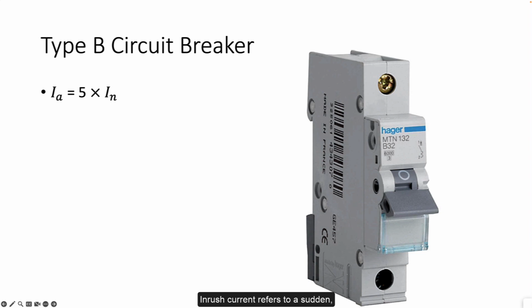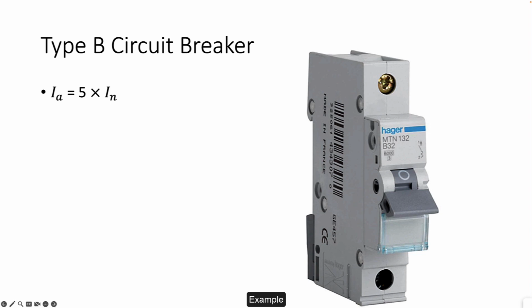Inrush current refers to a sudden or temporary increase in current that can occur when electrical equipment is switched on. Since type B circuit breakers are not as sensitive to inrush current, they are suitable for applications where this is not a common occurrence.